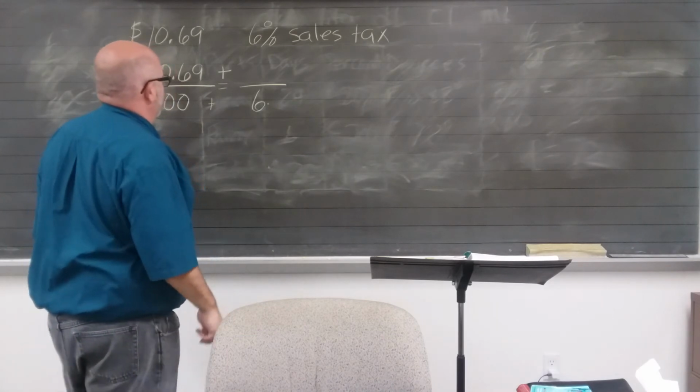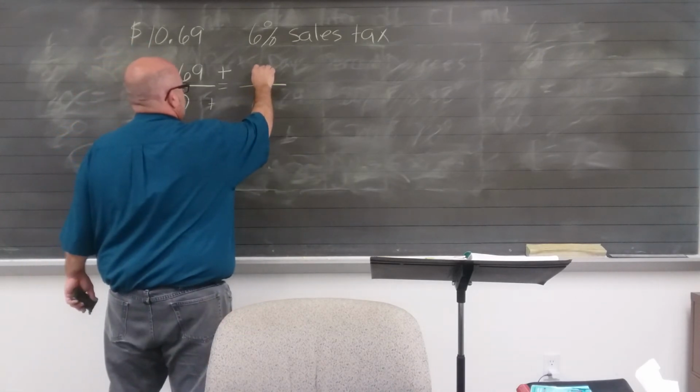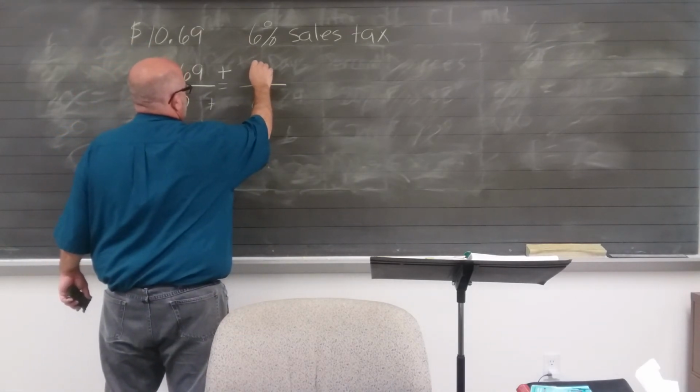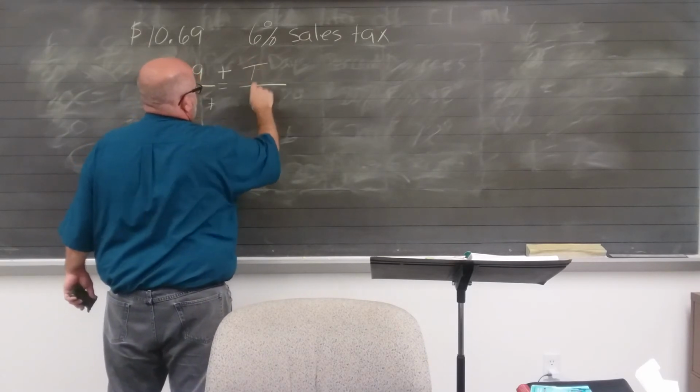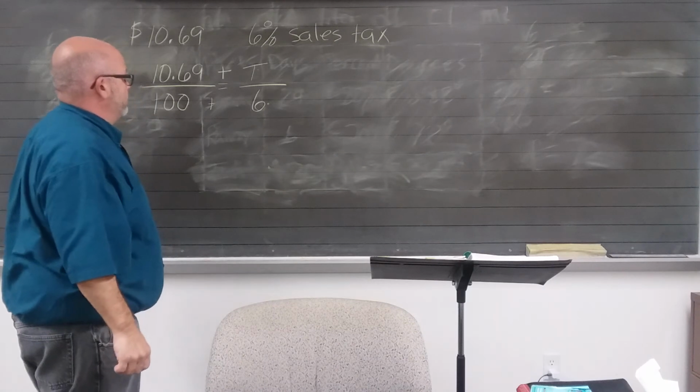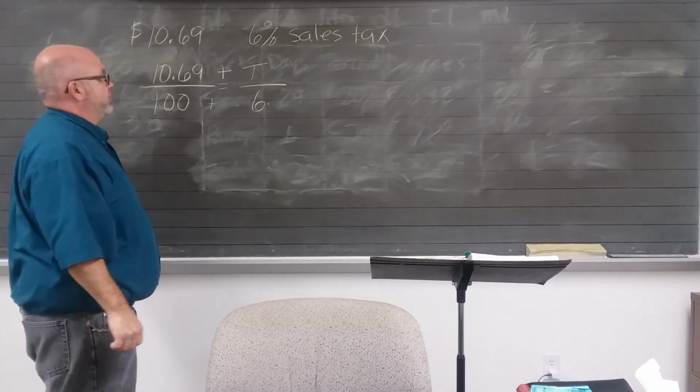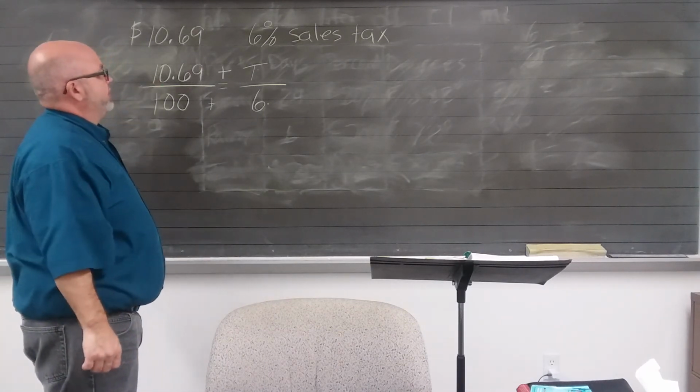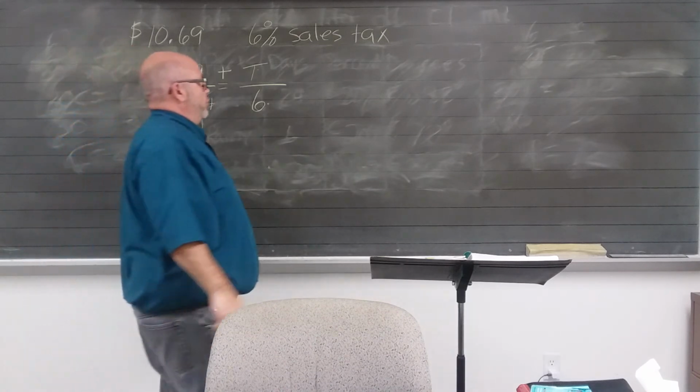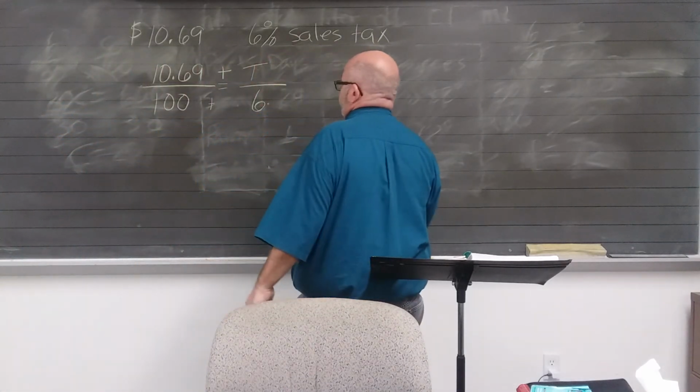Okay? So this is the missing number. Your tax. Right here is the amount of tax, T. Missing number is the tax. So you're going to find the tax and then add the tax to the total to get your final price.